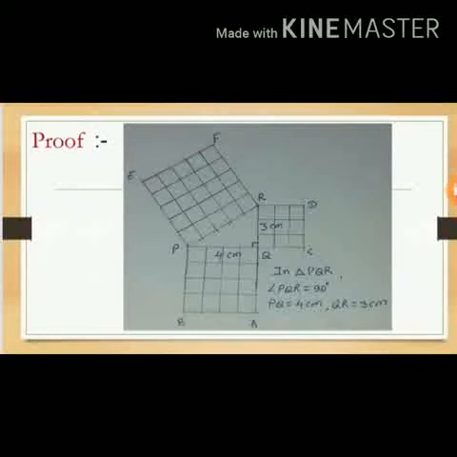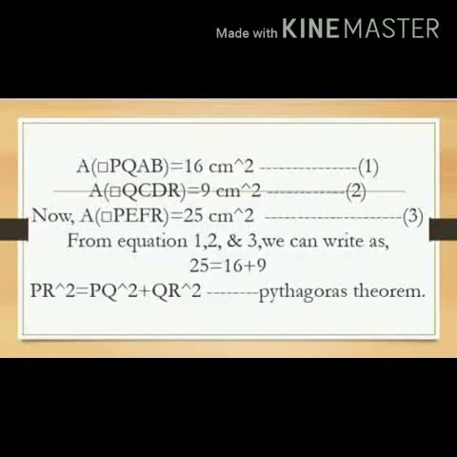Now, this is explained in the form of equations. Area of square PQAB is equal to 16 square centimeters. This is equation 1. Area of square QCDR is equal to 9 square centimeters. This is equation 2. Then area of square PEFR is equal to 25 square centimeters. This is equation 3.